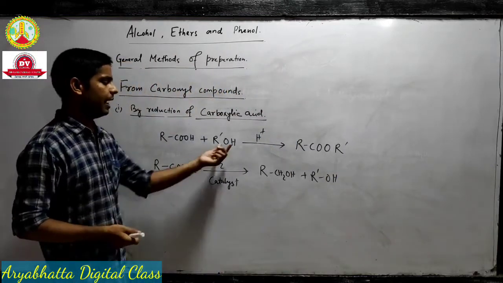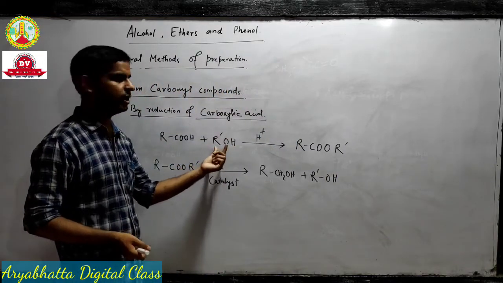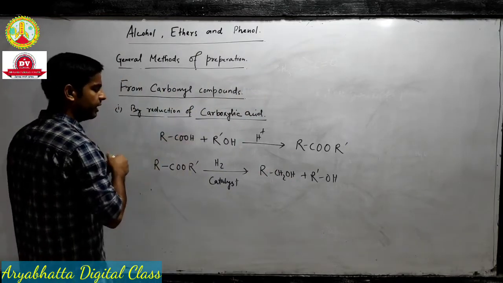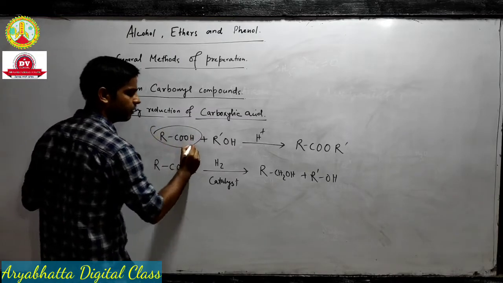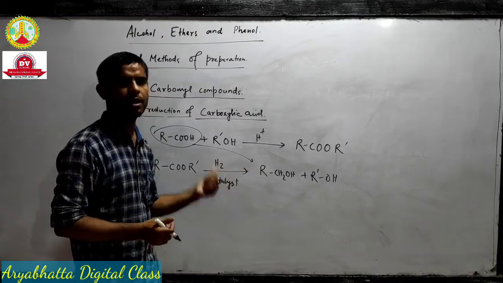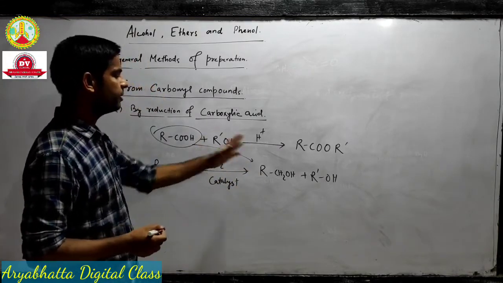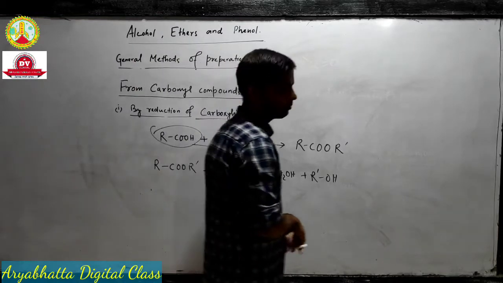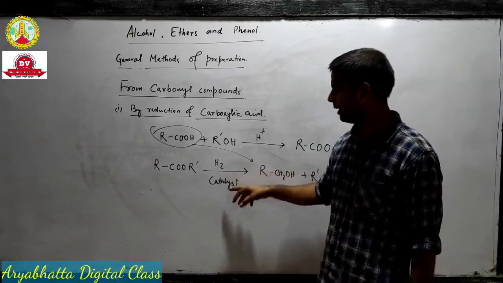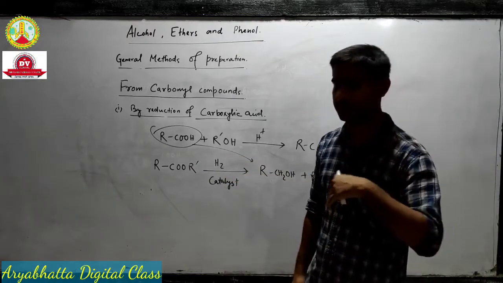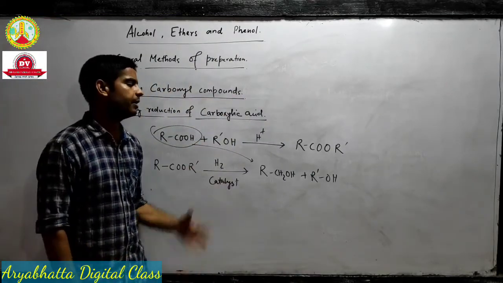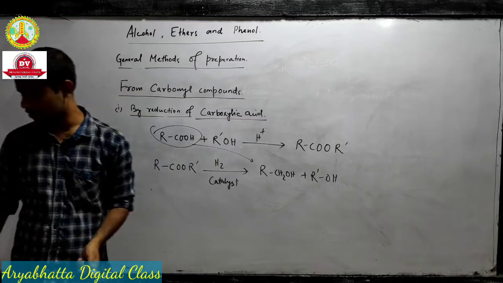That means the alcohol that we used for the esterification is reproduced here, and the acid part is converted to the alcohol, without using lithium aluminum hydride. So by doing this reaction, we can change our reagent, and H2 with catalyst is a cheaper method, it is less expensive. So for less important chemicals we can go for these reactions.